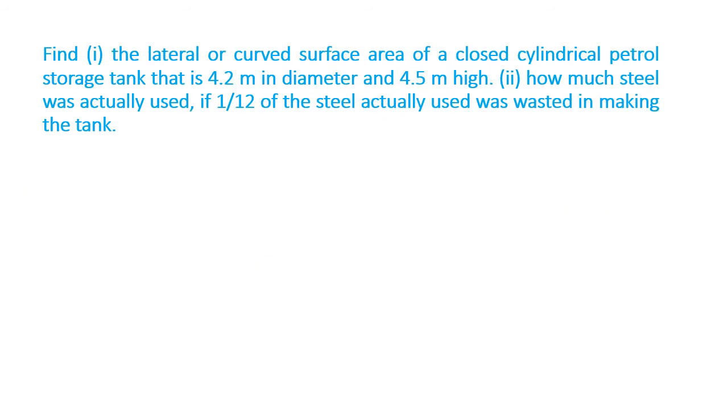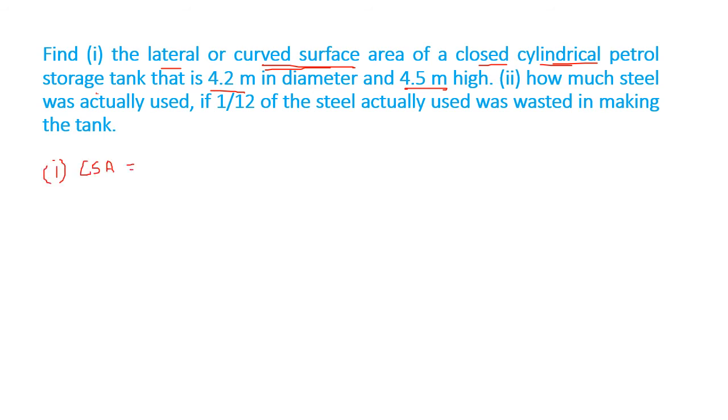Okay. In the next we have to find out the lateral or the curved surface area of a closed cylindrical petrol storage tank, 4.2 meter in diameter, 4.5 meter in height. So again, what are we to find out? The curved surface area of the cylindrical petrol tank. So the first thing is to find the curved surface area.